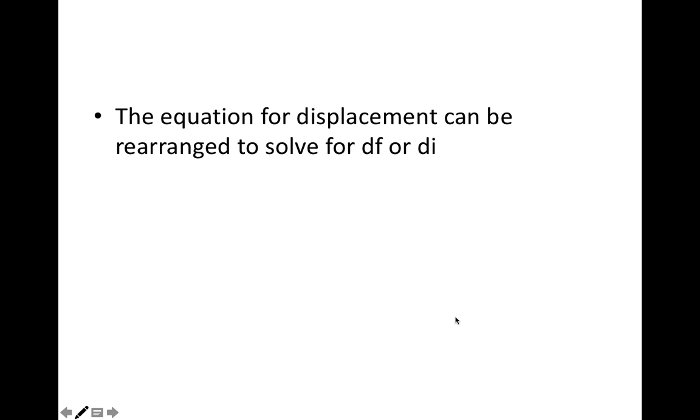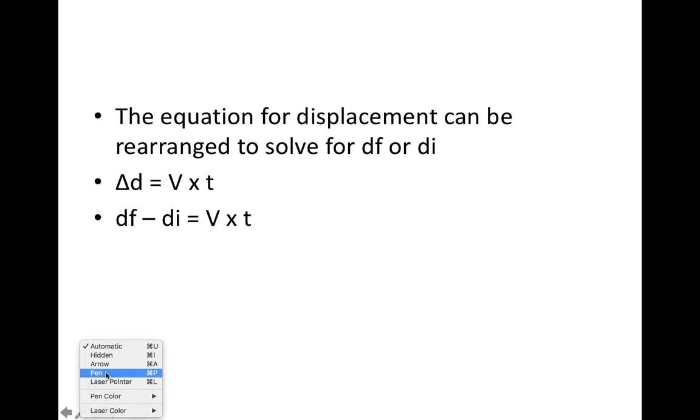The equation for displacement can be rearranged to solve for D final or D initial. Delta D equals V times T. So we can plug in our values for D final minus D initial, so delta D rather. So D final minus D initial equals V times T. So this equation is just the equation that we got from the first part of the video when we rearranged for displacement.